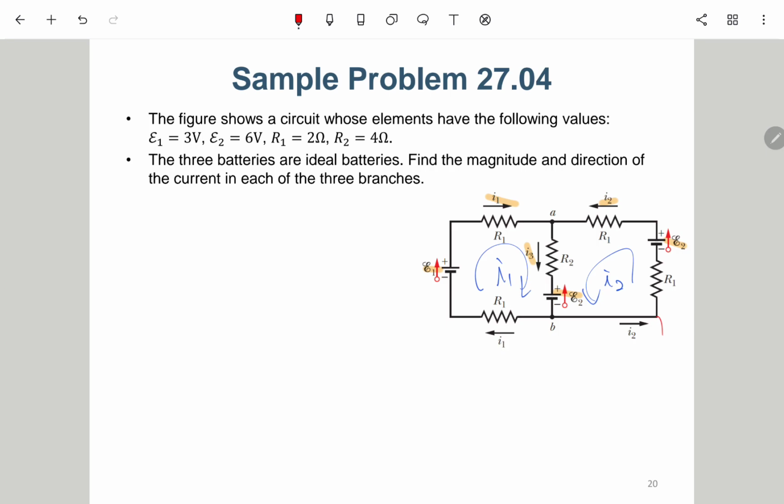We can just assume this is a ground node. So this will be E2, this will be E2, this will be A, and this will be E1, this is A, and this will be another voltage.